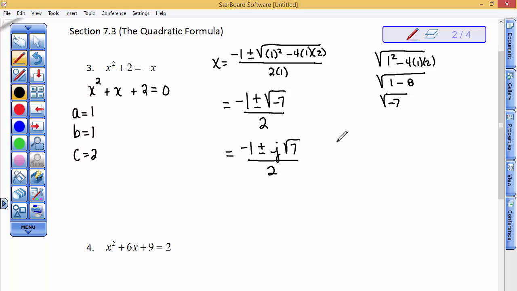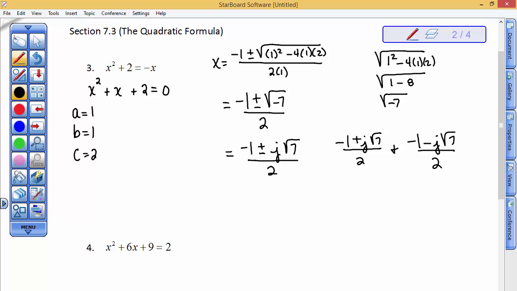So your two answers are negative 1 plus j times the square root of 7 over 2, and negative 1 minus j times the square root of 7 over 2. It's not necessary to write that as two different answers, plus they're imaginary answers.